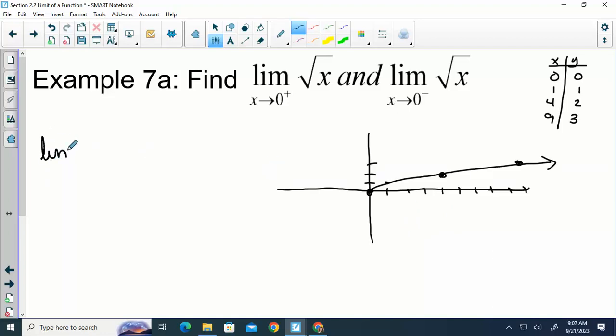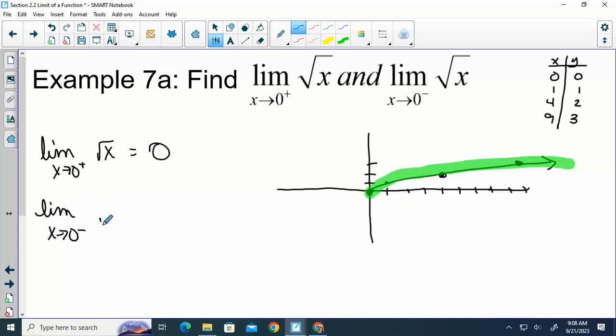So the limit as we approach 0 from the right. As we're traveling on this graph, getting closer to 0 from the right-hand side, what y value is this approaching? 0. What would be the limit as we approach 0 from the left?